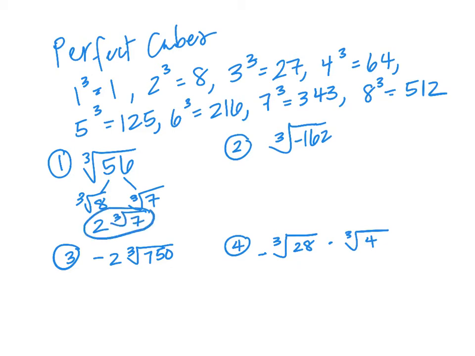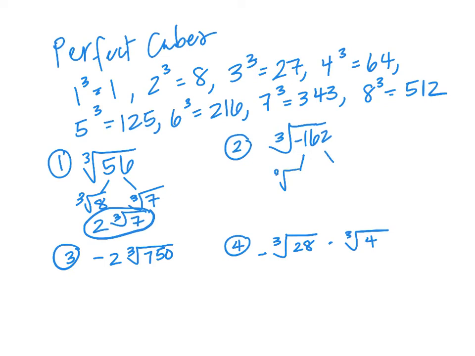All right, let's take a look at number 2, so the cube root of negative 162. So the largest perfect cube that negative 162 can be divided by is negative 27, and I want you to keep that negative with the 27 rather than the other factor that we're going to have.